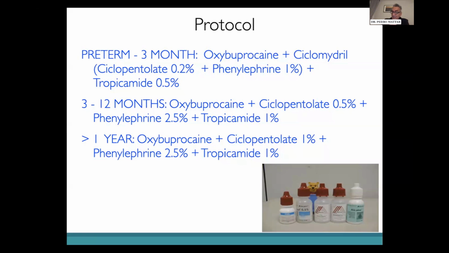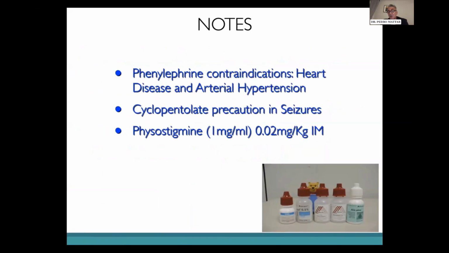Normally, we don't use atropine as a protocol for cycloplegia in our patients. It is important to know that phenylephrine is contraindicated in patients who have heart conditions or hypertension. We have to use cyclopentolate with precaution in patients who have seizures. It has been published that it can induce seizures, but these publications were from when we used cyclopentolate 2%.